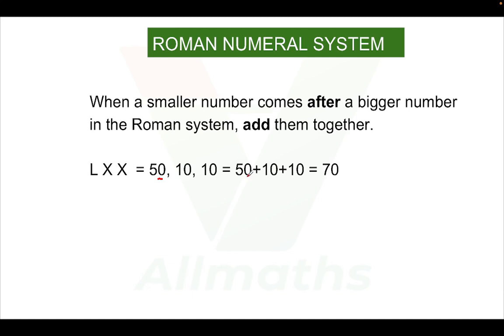So you add them together, 50 plus 10 plus 10, giving you 70. You can have a bigger number C and another smaller number 10, which is what? 100 plus smaller number 10, and you come up with 110, right? So let's use this rule to fill in some values in our table.